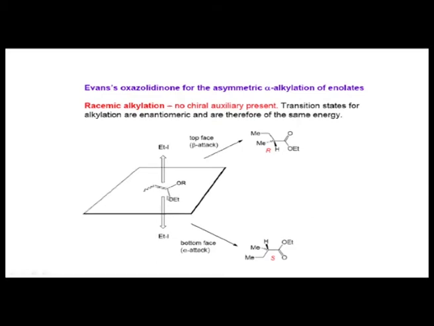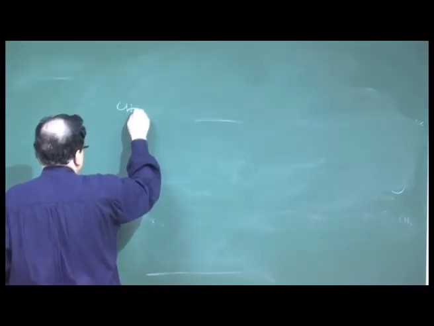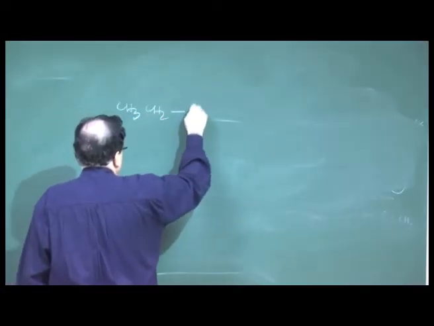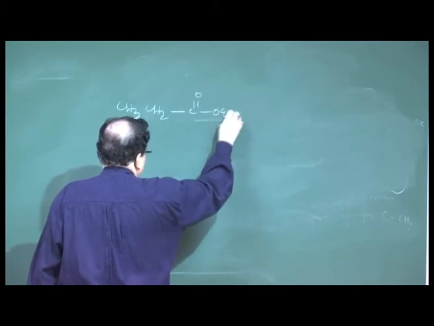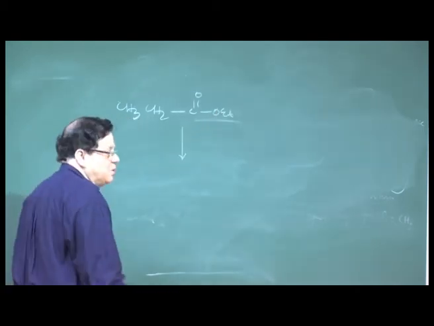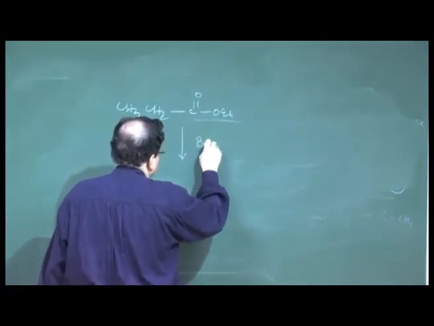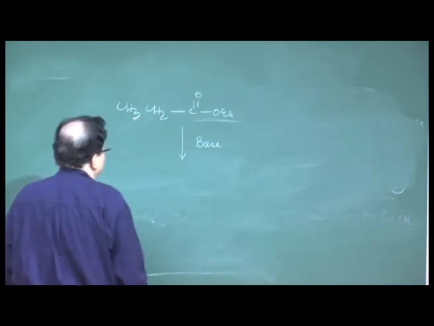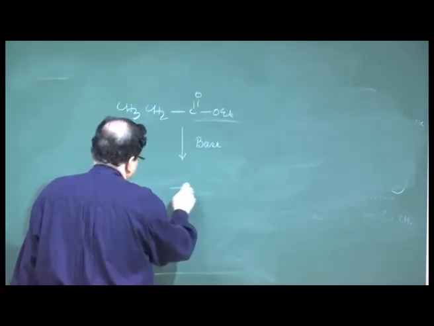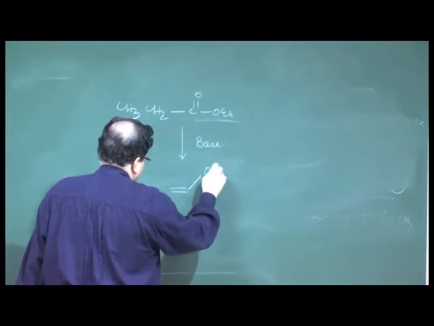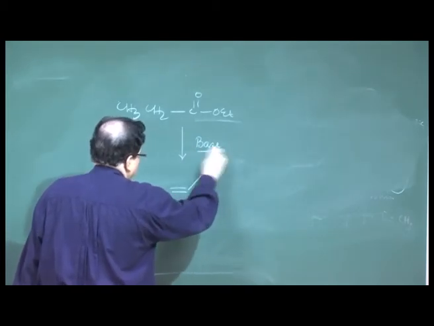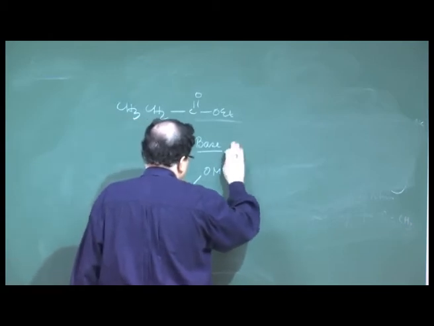Now, what happens, suppose I want to alkylate an ester group, say I have CH3CH2COOEt. In alkylation, what you need to do is convert it to an enolate. So, you have to add a base, usually organometallic reagents like alkyl lithium, butyl lithium suppose.